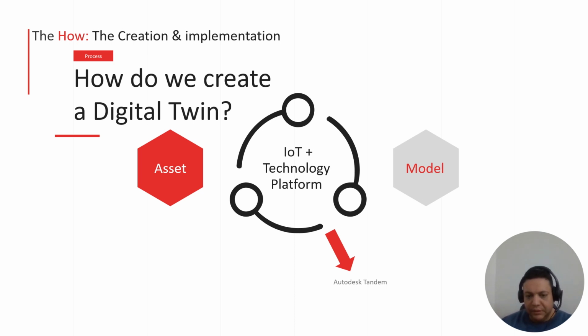So for example, in Autodesk Tandem, you can see our digital twin taking data through the IoT technology. IoT is short for Internet of Things, which are, for example, sensors connected to your asset taking data from it. This is for the how.